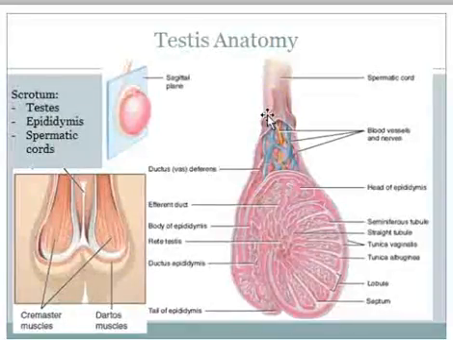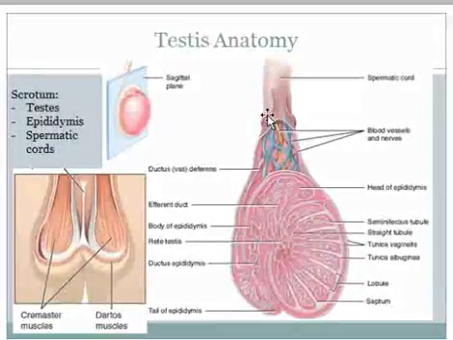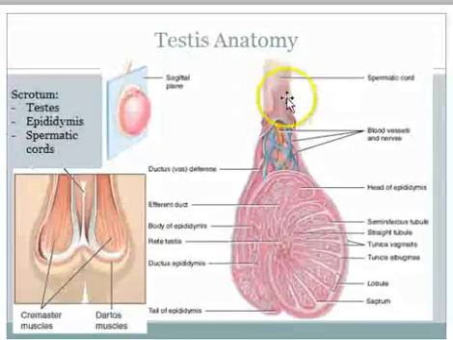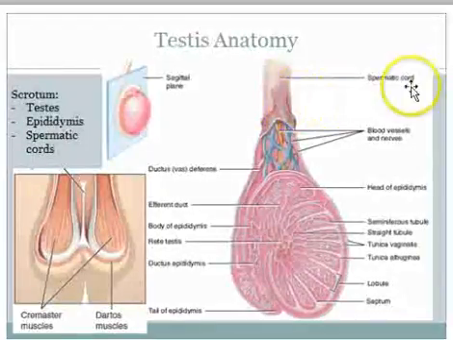So the spermatic cord would hold the vas deferens, and then the testicular artery, lymph vessels, venous plexus, and there's three coats. The outer part is the external spermatic fascia, and then we have that cremaster, the muscle that's running up and down, and then an internal spermatic fascia. So that's what's comprising our spermatic cord.